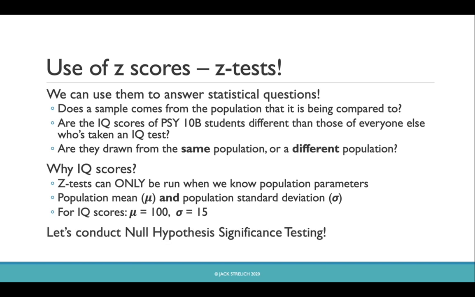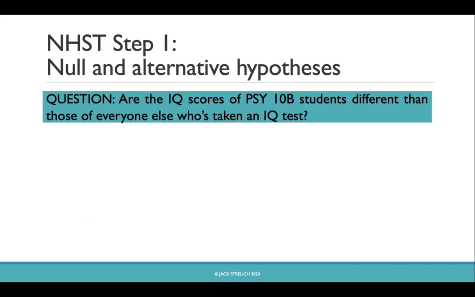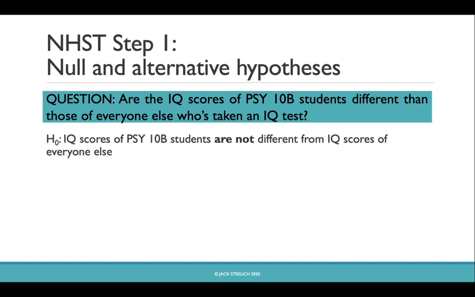Let's go ahead and conduct null hypothesis significance testing, practicing what we learned in the last lecture. So, our research question is, are the IQ scores of Psych 10B students different from those of everyone else who's taken an IQ test? We'll start by stating our null hypothesis, represented by H0. Our null hypothesis will be that the IQ scores of Psych 10B students are not different from the IQ scores of everyone else.